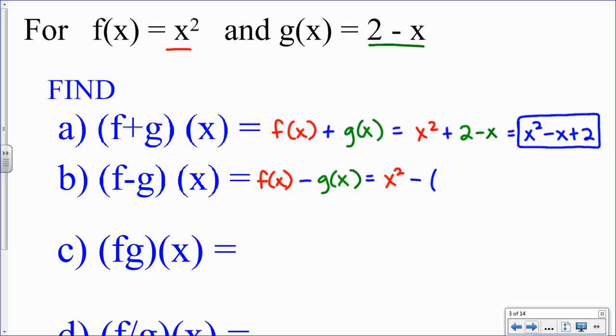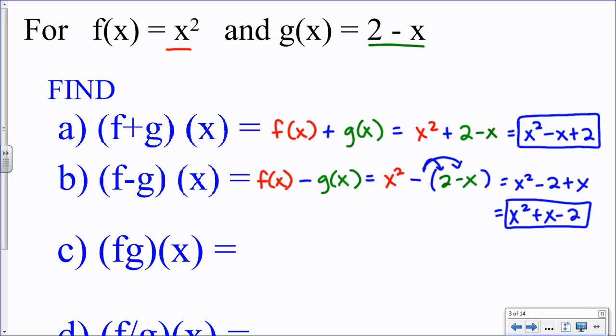So 2 minus x. Okay. So distribute your negative. So that's minus 2 plus x. Which gives me x squared plus x minus 2. So I will take the time to put those in standard form just to put them in the correct order, but as far as factoring, I don't have to do that.